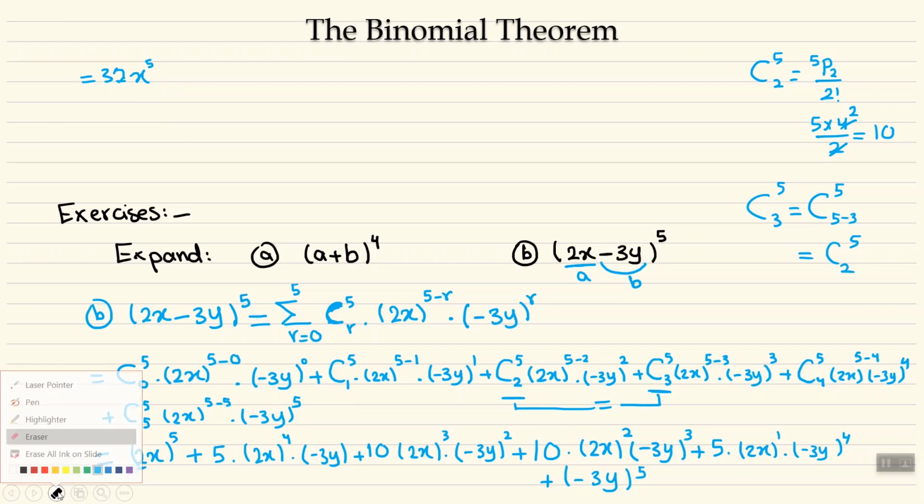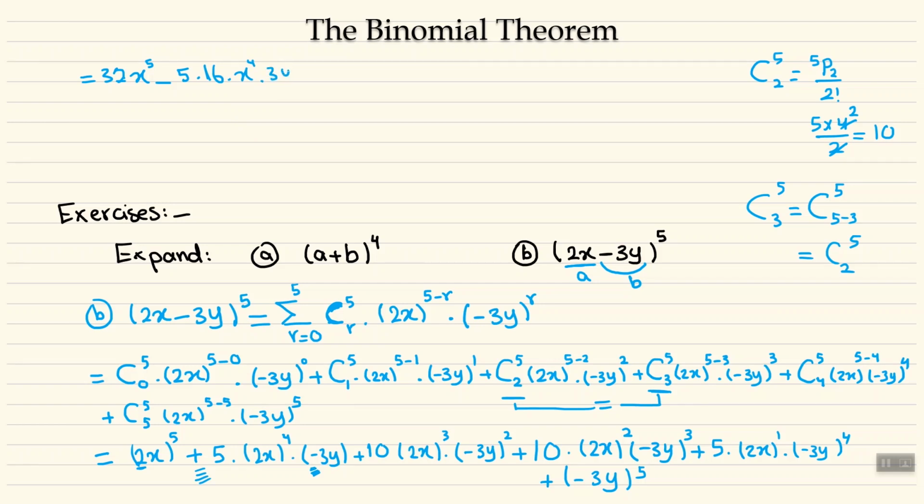Now look at this, guys. This is positive, and here we have a negative 3, the negative 3y here. So the negative is multiplied by the positive, so the second term should be negative. And then 5 times 2 to the power of 4, which is 16, times x to the power of 4, times 3y. And the negative is just right there.